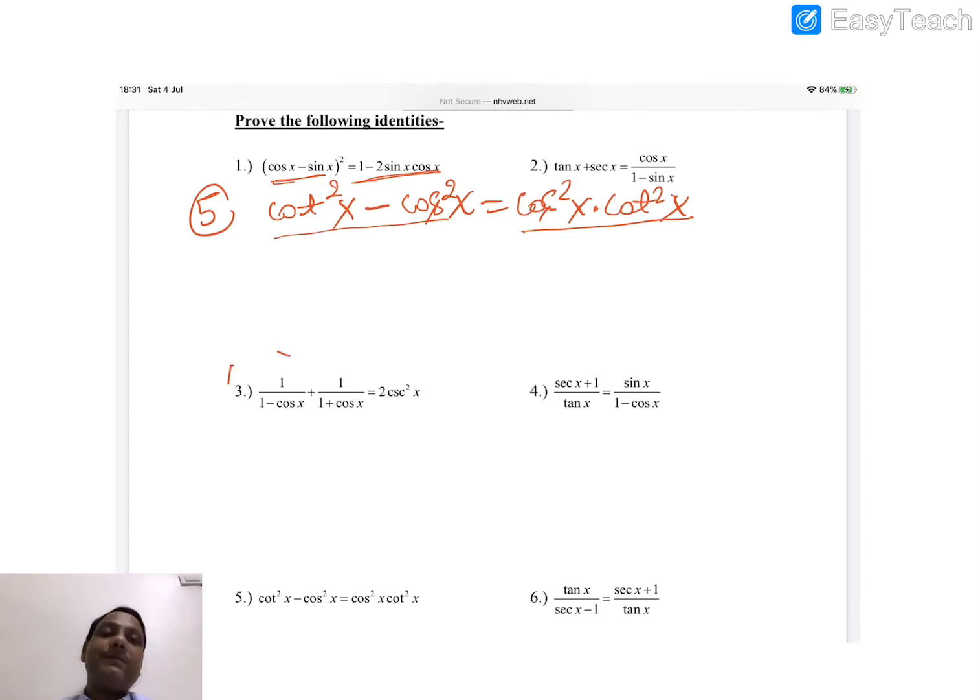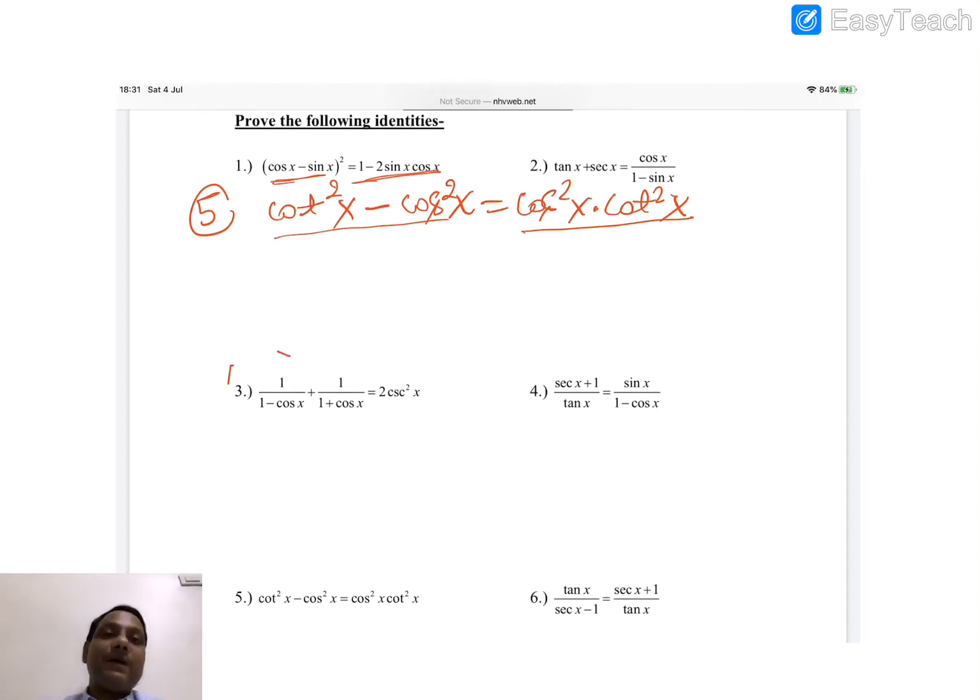But in some very complicated questions, even the left hand side is not obviously equal to right hand side. So for that reason you must take the left hand side and prove some trigonometrical equation related to sine, cos, tan, cot or sec, and then the right hand side you choose and prove the same amount. So if both sides are equal, then it is a given identity and hence proved.